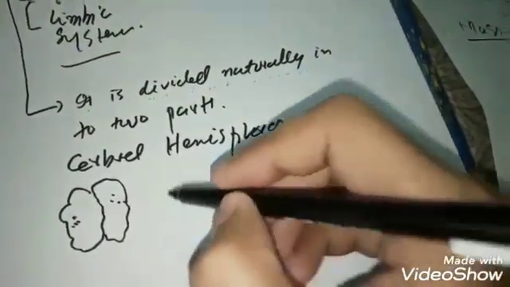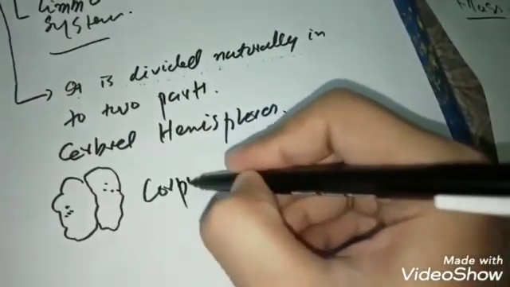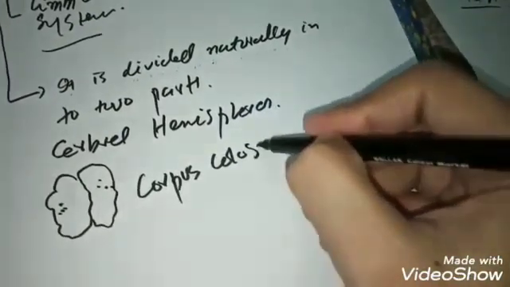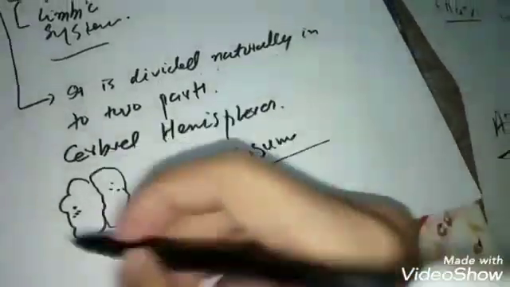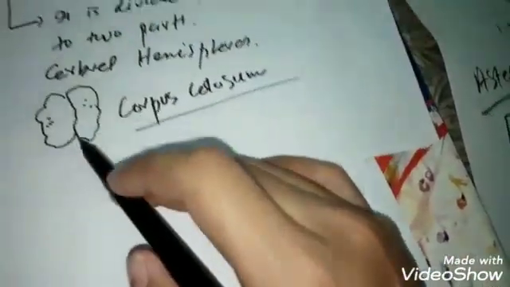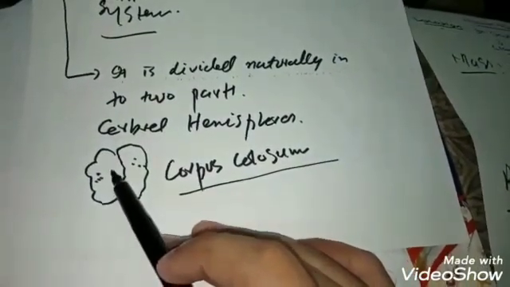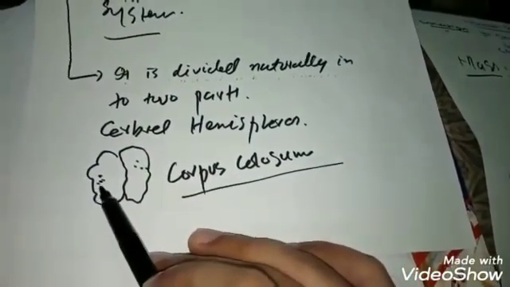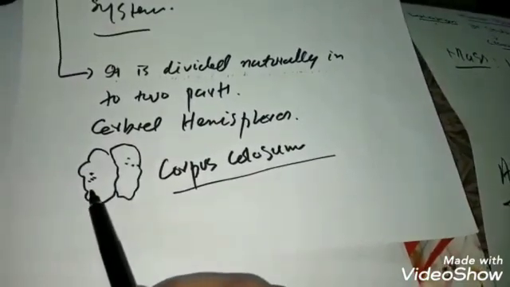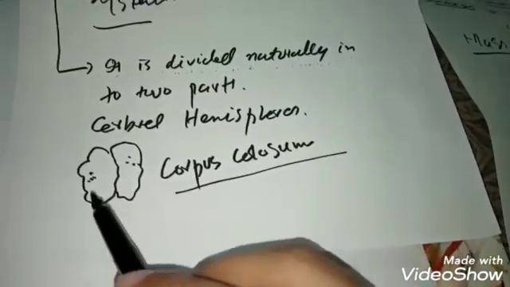These two are connected with a band of axons called the corpus callosum. This cerebrum, which is the largest part of the brain, is divided into two parts, the right cerebral hemisphere and the left cerebral hemisphere.